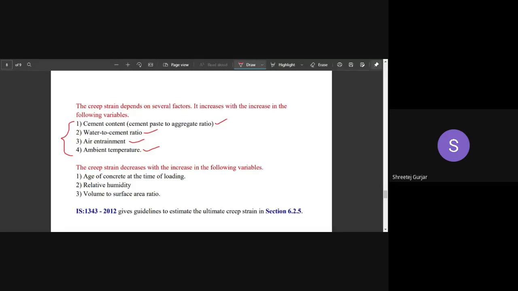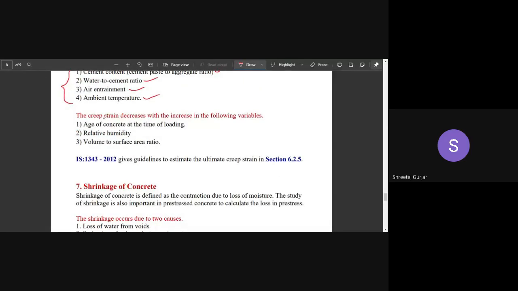Coming to the next point, the creep strain decreases with the increase of the following variables. If these variables increase in value, creep strain will decrease in value. So creep strain is inversely proportional to these three variables.